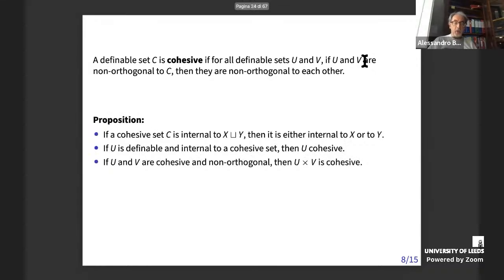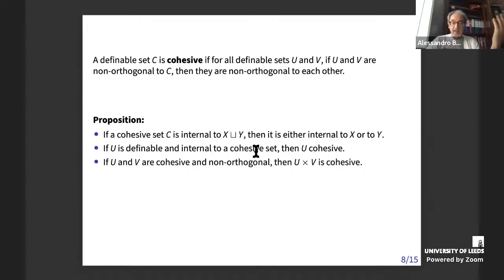And there are some nice properties of cohesive sets. So in particular, it's unsplittable. So if a cohesive set is internal to a disjoint union, so if X and Y are orthogonal, and this is internal to the union or the product, which is the same, then it's internal to one of the two. It cannot live in one part and the other part.